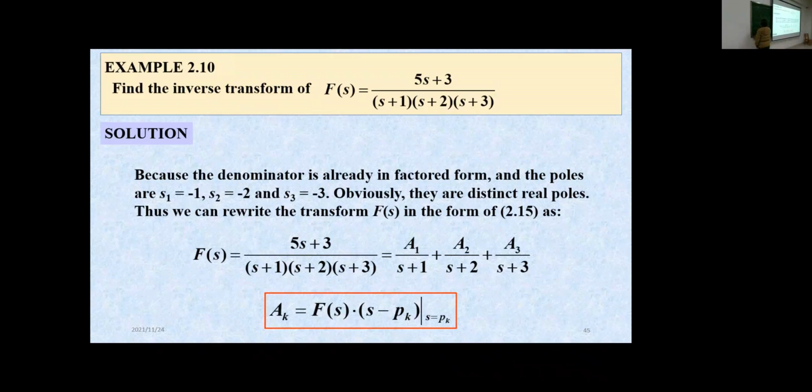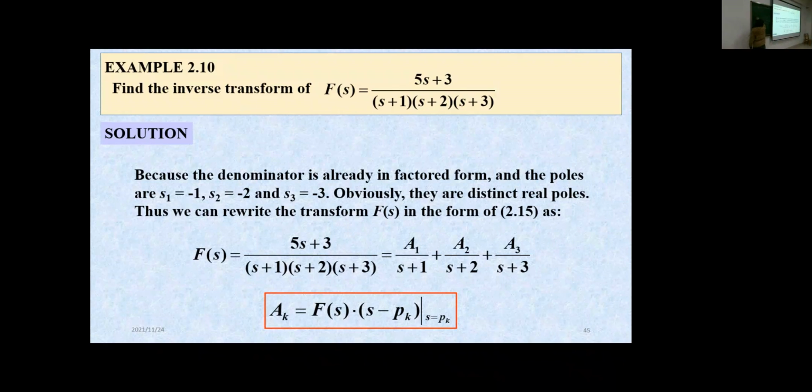A2 times s3, plus 2. And we can rearrange the equation by the order of s.